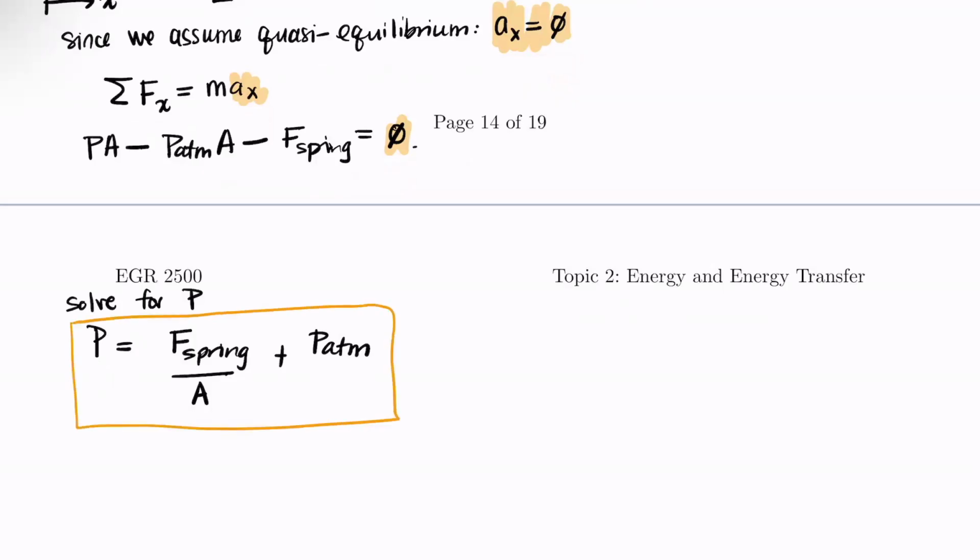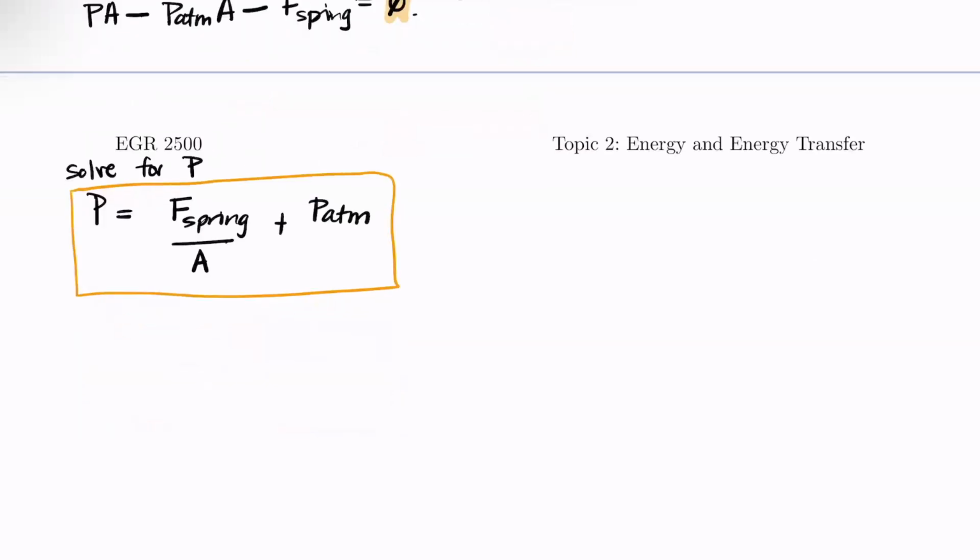The atmosphere is always the same, whether we're at state 1 or state 2. Area is always the same, but the force of our spring changes, right? So now we're going to apply this to state 1 and state 2. And it looks like this.